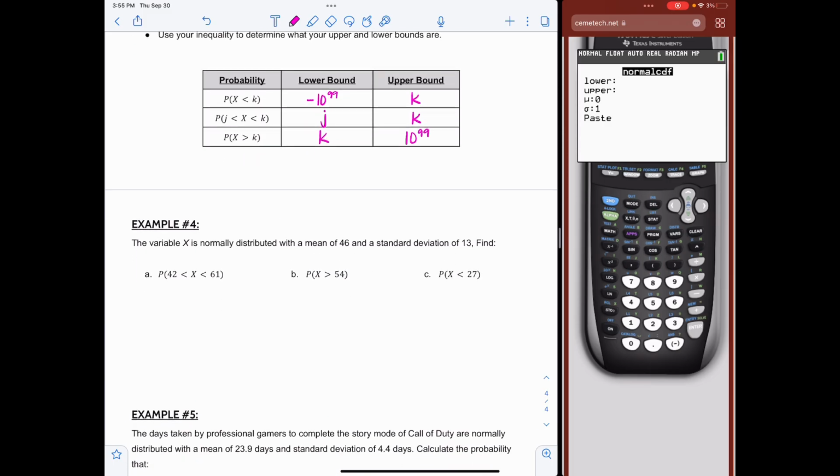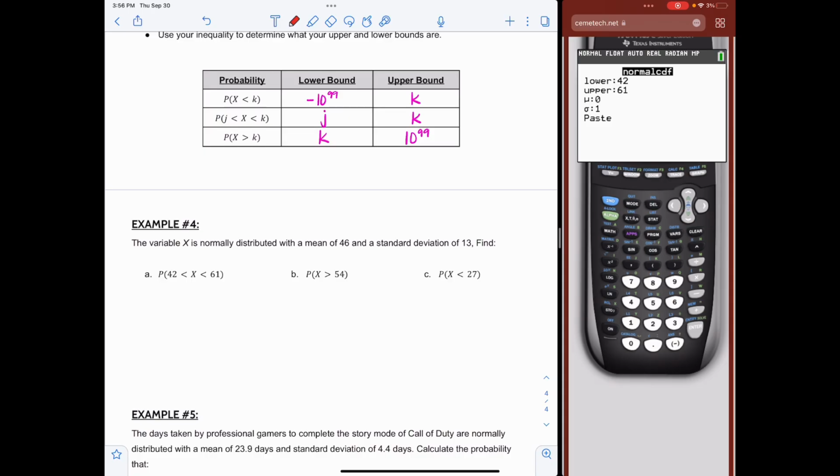Example 4 says the variable x is normally distributed with a mean of 46 and a standard deviation of 13. We want to find the probability that x is between 42 and 61. So our lower limit is going to be 42 and our upper limit is going to be 61.